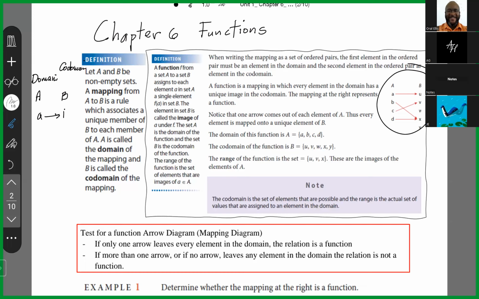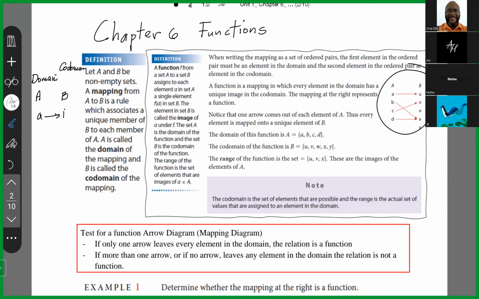So we're looking at the definition for a function. The set A is the domain of the function, and the set B is the codomain of the function. The range of the function is the set of elements that are images of a, which is an element of the set capital A. All right, so we'll get a chance to dissect that.